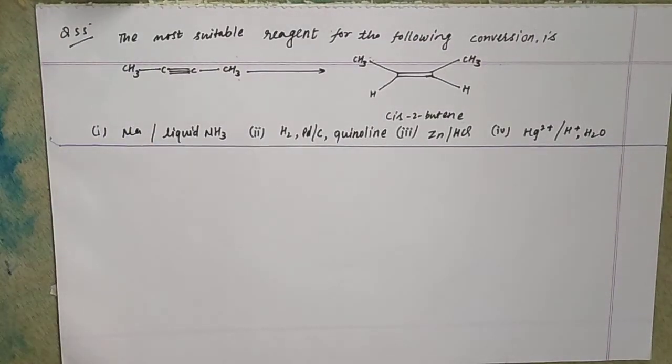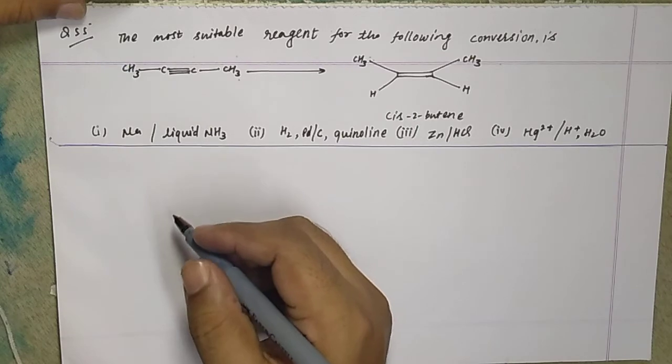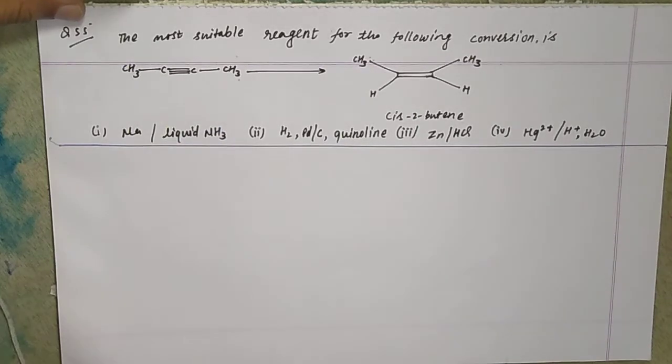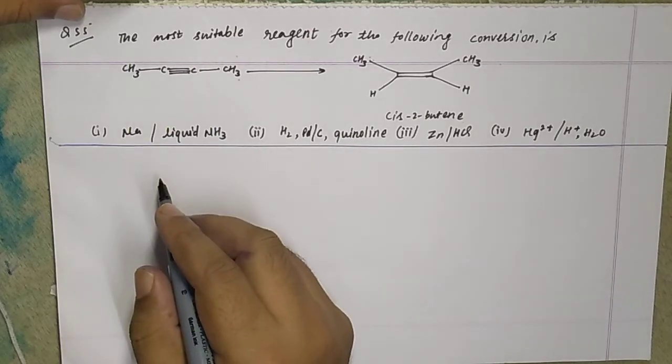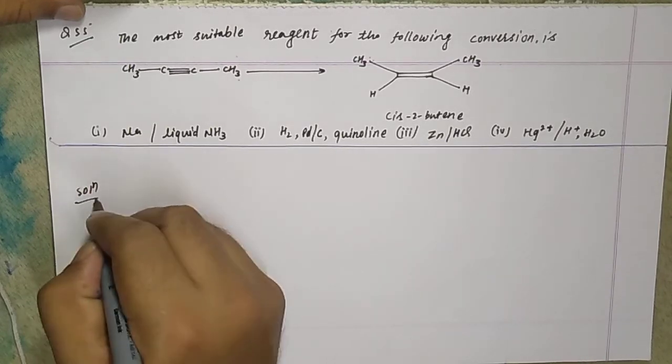And the next video is a very simple problem they have given. The most suitable reagent for the conversion is what they are asking, where butene is there and cis butene is getting formed. Let us see the solution.